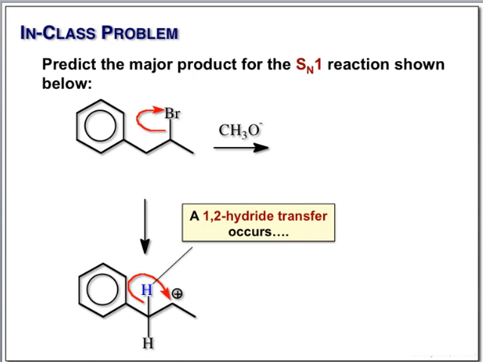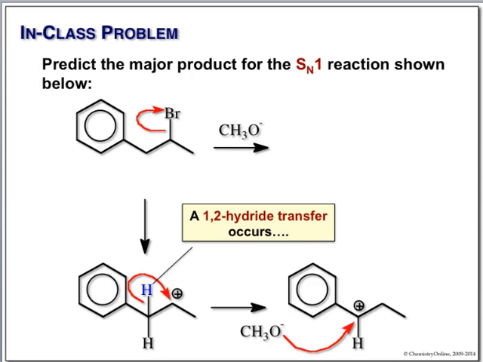That's going to put our positive charge here on the benzyl carbon. And this is the most stable carbocation. Once we have the most stable carbocation, all we do is add our nucleophile to it, and that's our product.